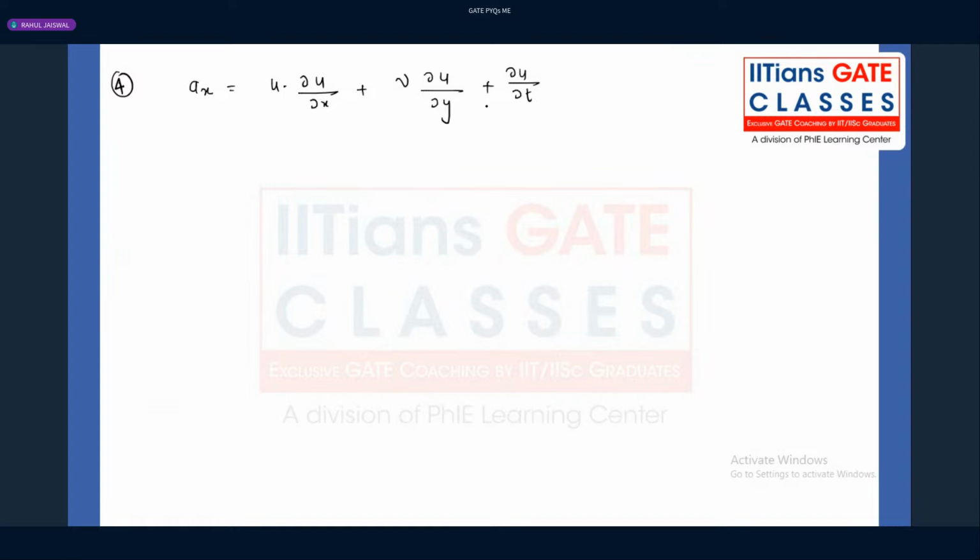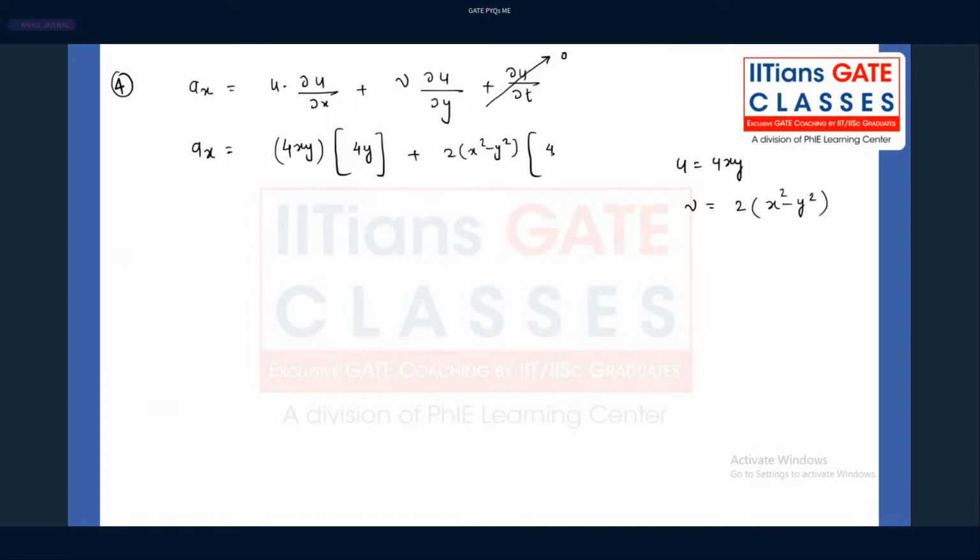But again, it is a steady flow, so this will automatically be 0. So here we can write ax. What is u? 4xy. What is v? 2x square minus y square. What is dou u by dou x? 4y.